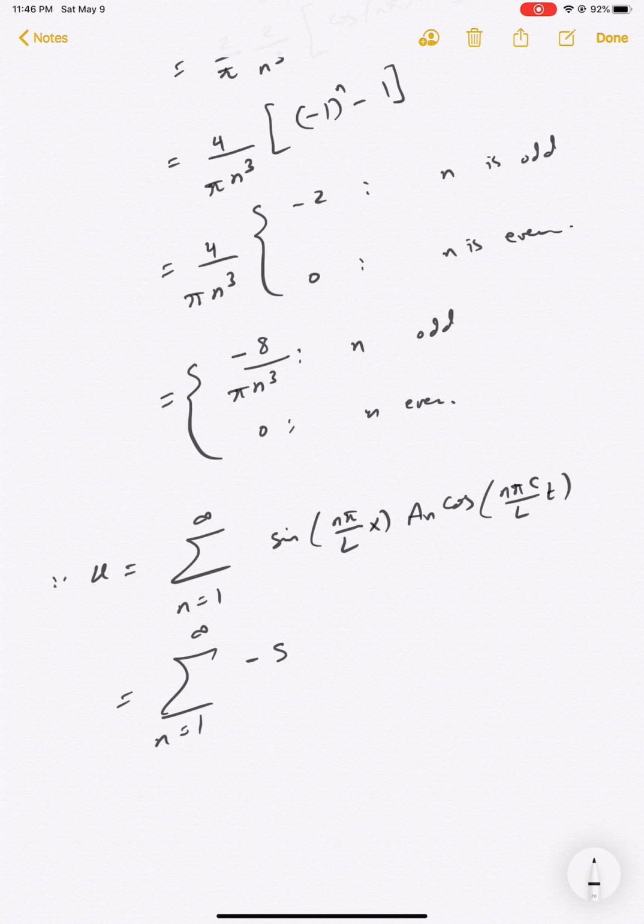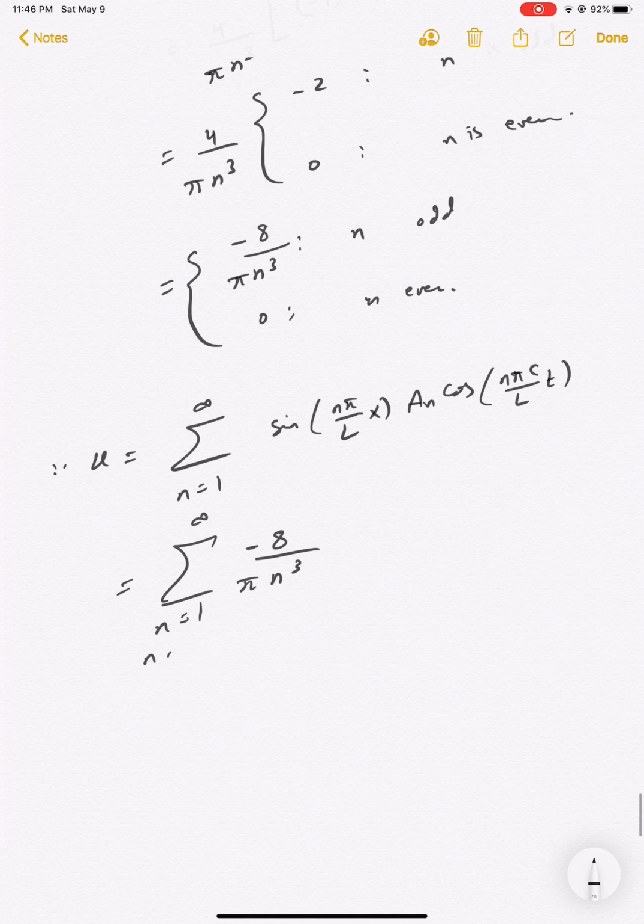What is the an? It's negative 8 over pi n cubed only when n is odd, because when n is even, everything is 0. Sine n pi over L x, cosine n pi. And what is the c? Sorry, I missed this. The c is 1, the L is pi, so there is no need to write them.